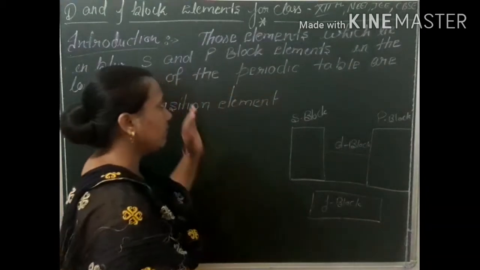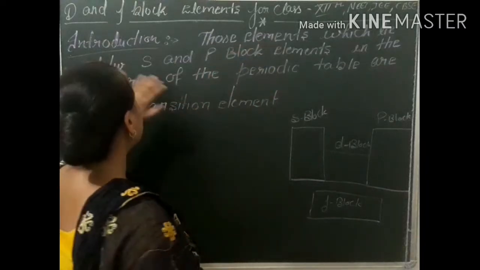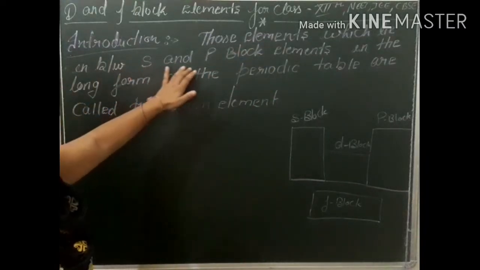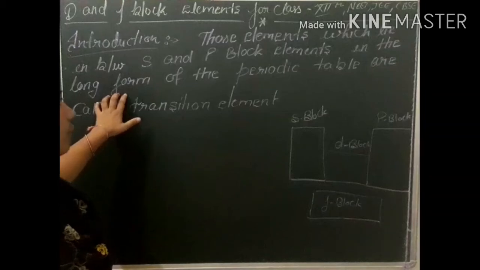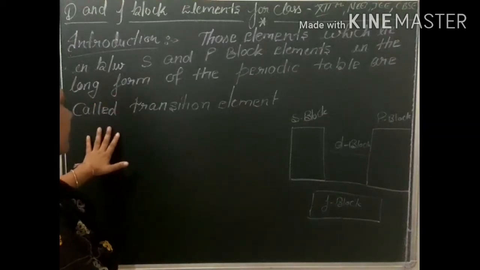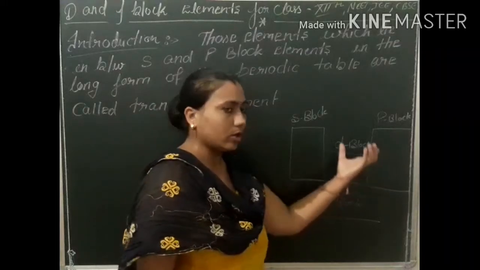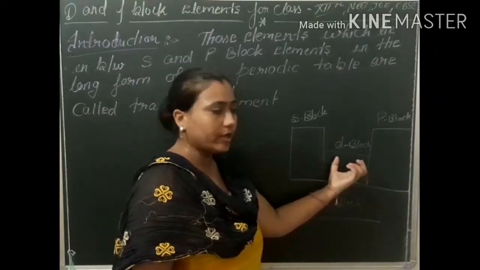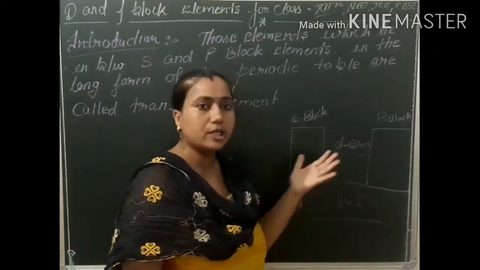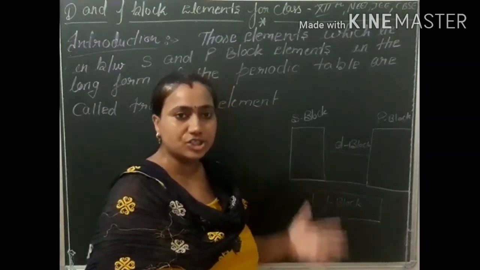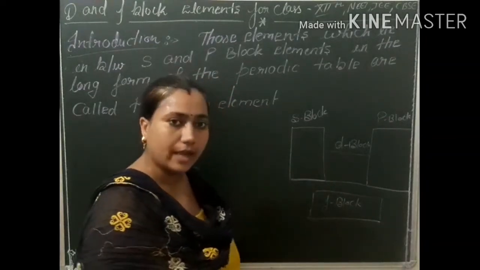So those elements which lie in between S and P block elements in the long form of the periodic table are called transition elements. D block elements are also called transition metals.